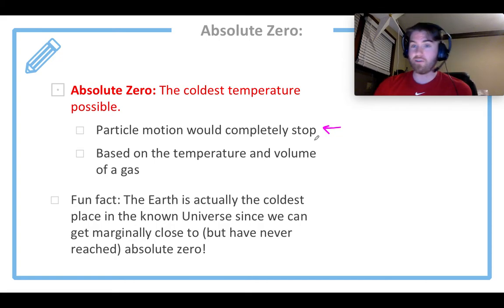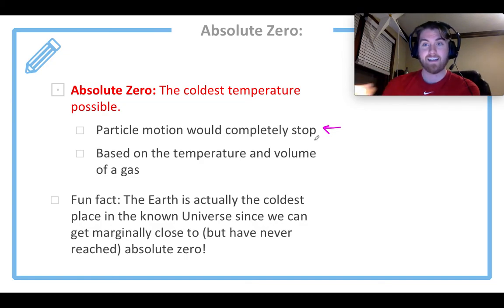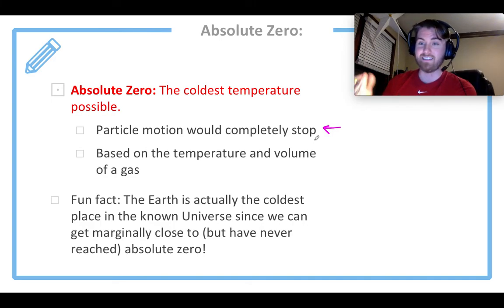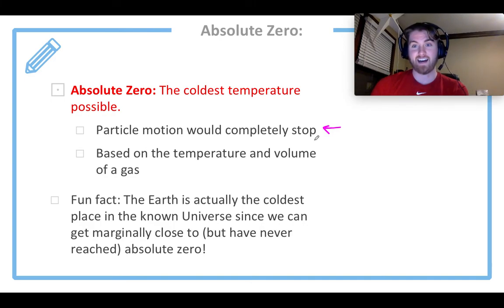If the particle is not moving, then those vibrations have stopped. If time is represented as the number of times a particle vibrates in a specific sequence, but it's not moving, then absolute zero literally stops time.